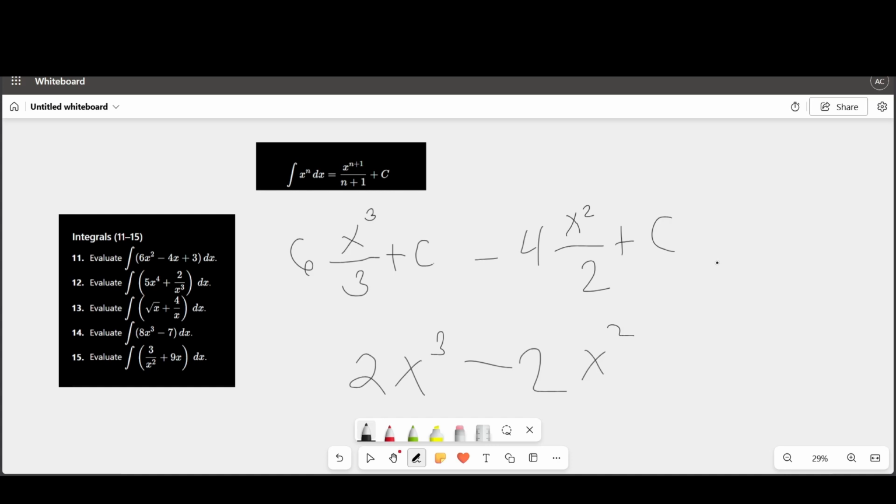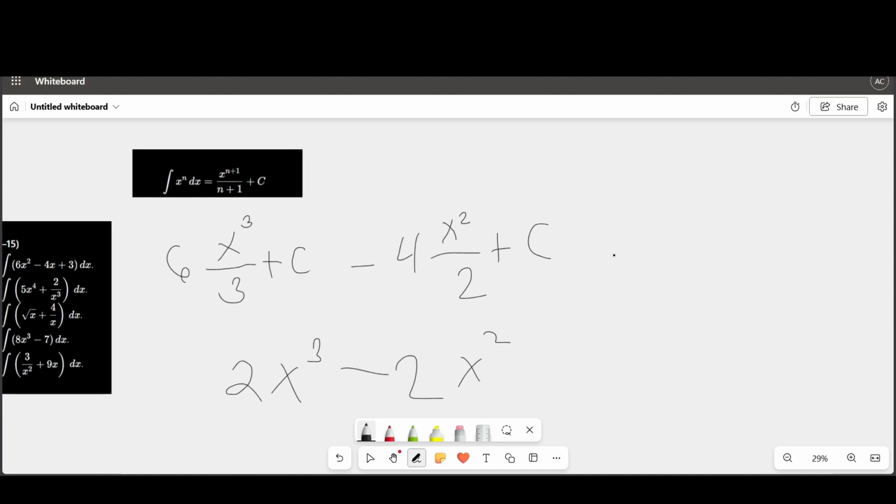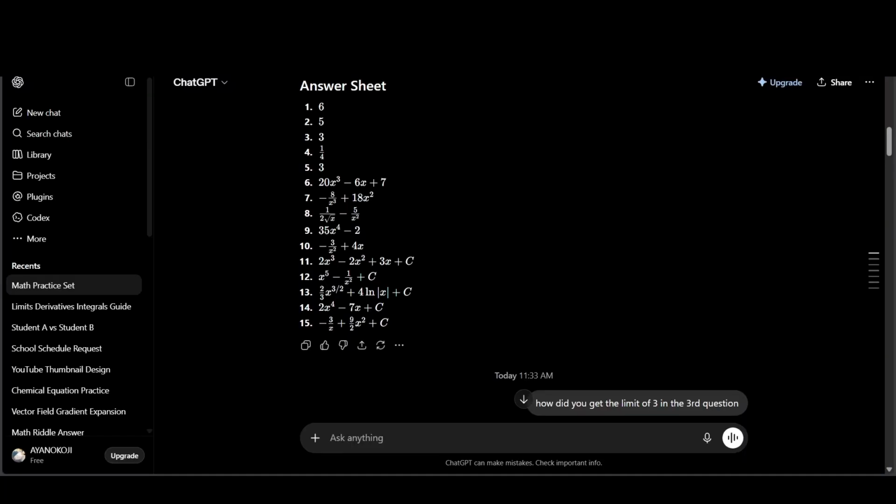Let me actually try it. 3 from number 11 times 10 into 3x.